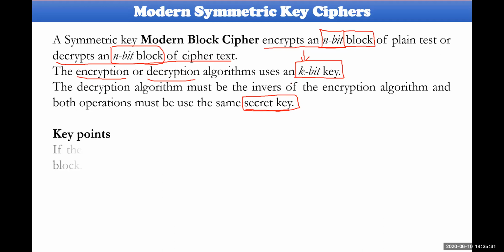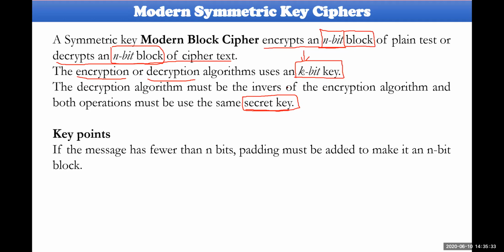Here we need to remember, if your message is not exactly equal to n bits, what shall we do? For example, consider 64 bits as the block size. So the plain text block size will be 64 bits. But what I have prepared is not exactly 64.